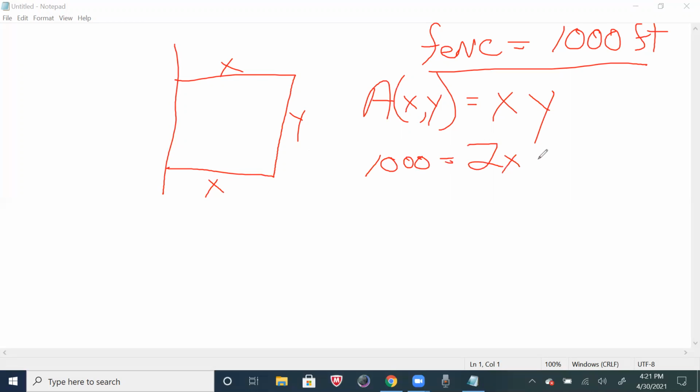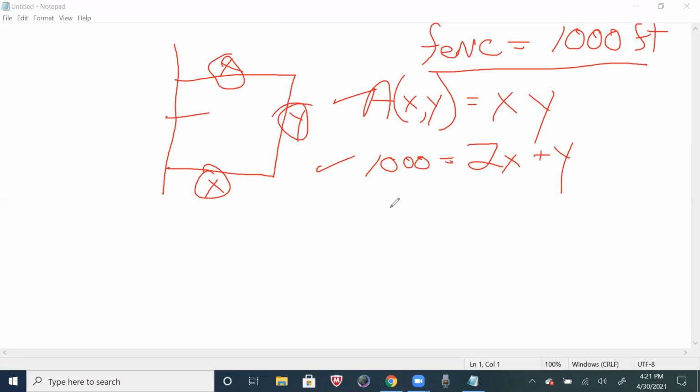You see why? Yep. Because I don't need this side. I just need that amount of fencing, that amount of fencing, and that amount of fencing. And this second equation allows me to change the first equation to a function strictly in one variable. Exactly.